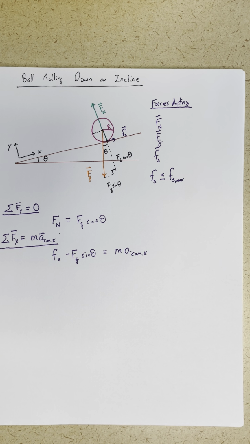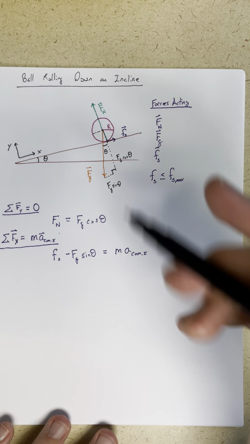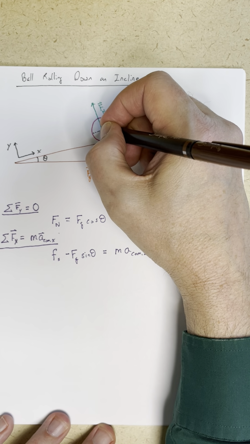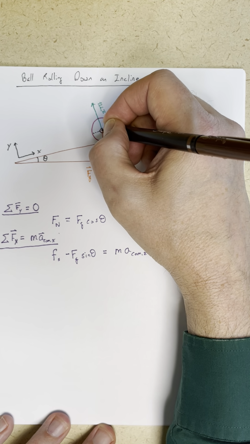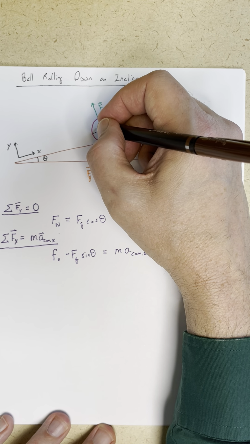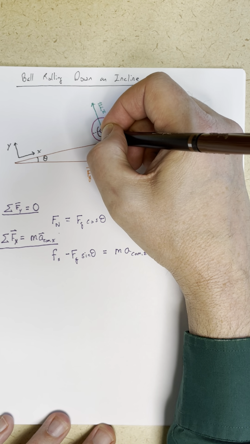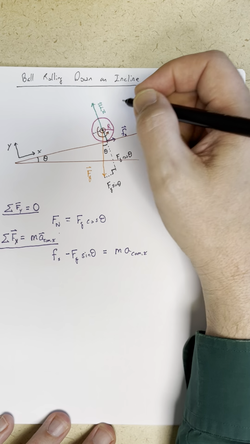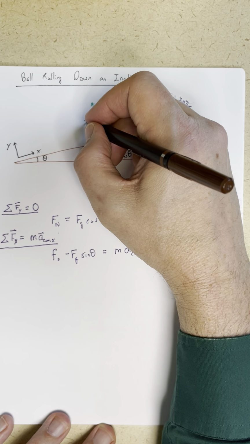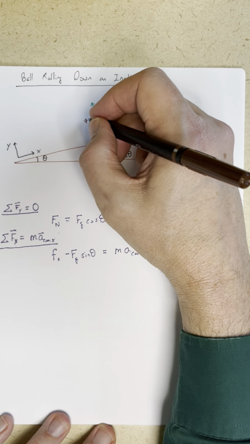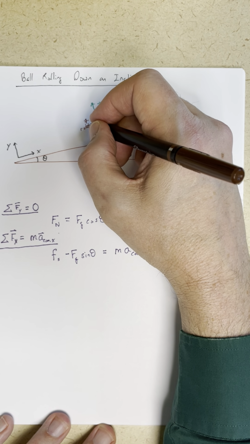Now, in this example that I'm working out for you, the rotation axis is going to be at the center of the ball. So there's my rotation axis. And to remind myself, a counterclockwise rotation is positive. So that's my direction for a positive rotation.